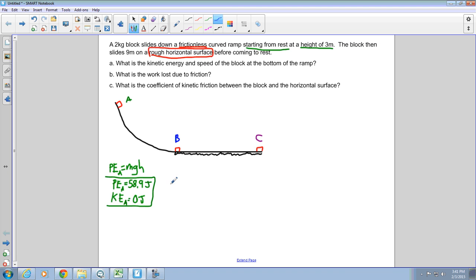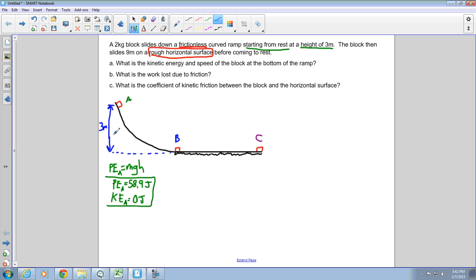Now we can figure out our energies at B. We were calling this our 0 line. Probably should have specified that in the beginning, but we are calling this our 0 line. And we can call that our 0 line because we know this is 3 meters there.